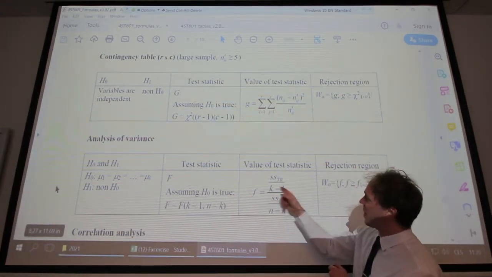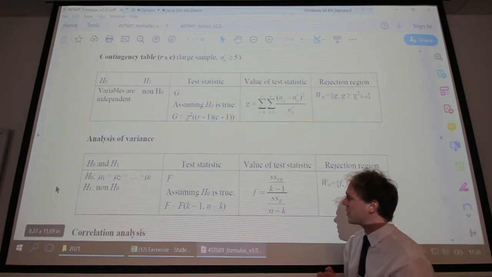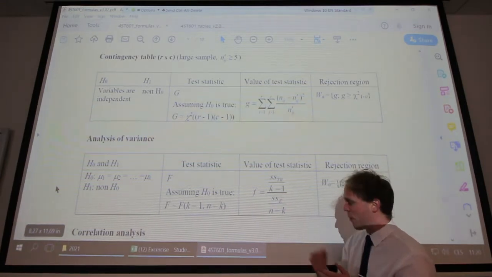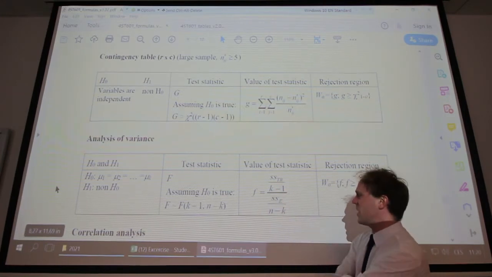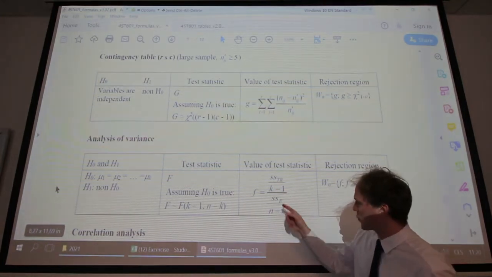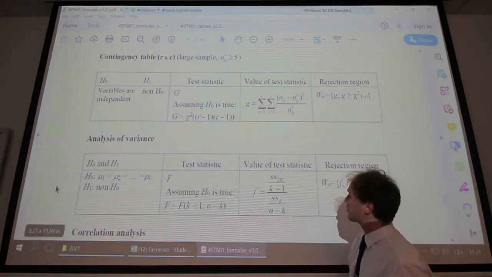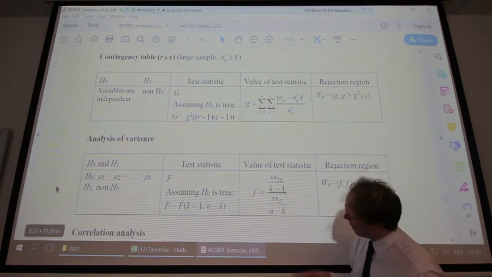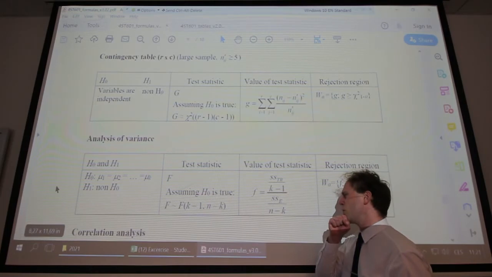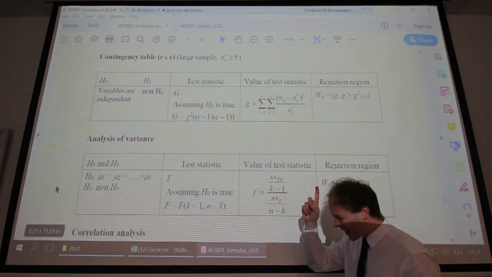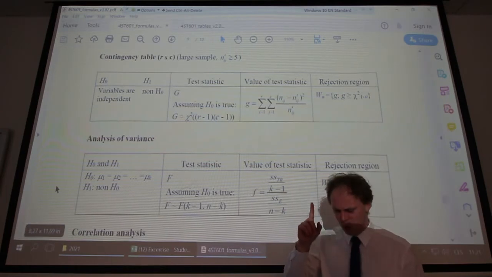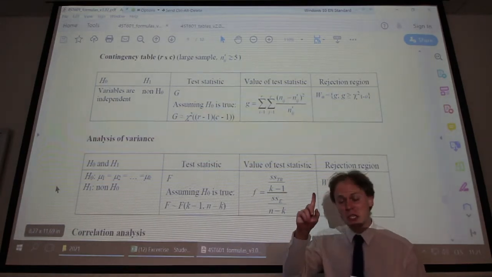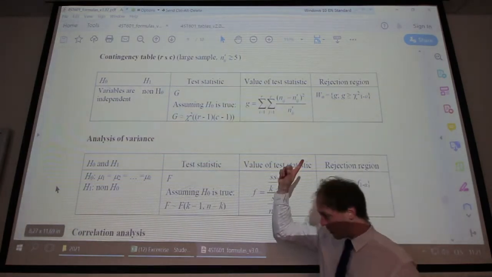Divided by k minus 1. K is the number of teachers, number of groups, 3 minus 1. Yes? And E is error. Error sum of squares divided by n minus k. Do you remember? I calculated the error sum of squares for you like a bonus.